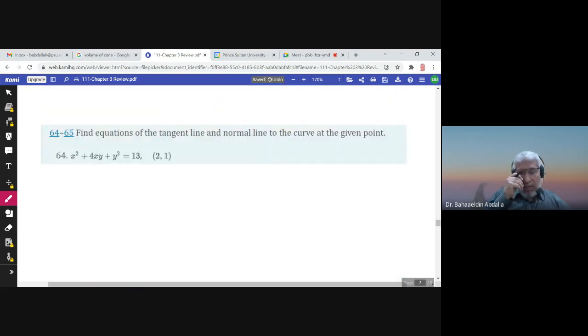Find the equation of the tangent line and normal line to the curve at the given point. So the equation of the tangent line is y minus 1 equals m times x minus 2, where m is y prime at 2.